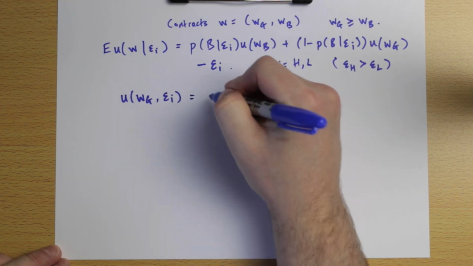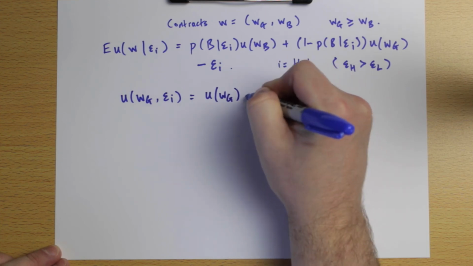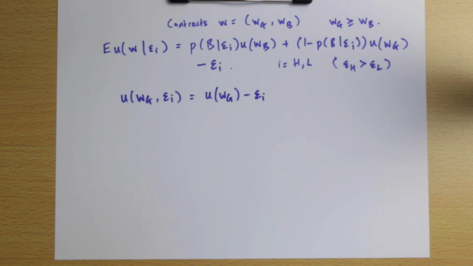And what we're assuming is that we can separate the utility of the wage and then just deduct this term epsilon I. It is a simplifying assumption. We're limiting the scope of our analysis. Why would we do such a thing? Well, because it's going to make the analysis so much cleaner and simpler by making this very simple assumption. And when we're in a world with just two levels of effort and two states of the world, we're really not limiting our model very much.